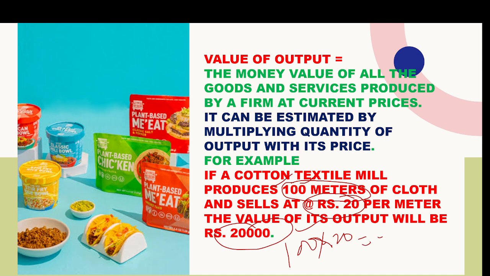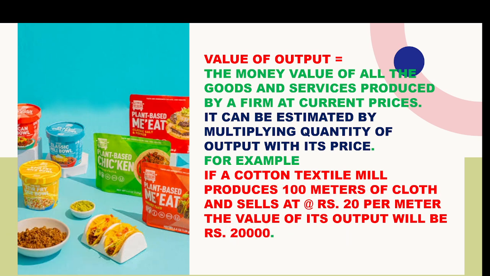What is it? 2000 rupees will be there. So you can see here, this will be the value of output, rupees 2000. You should see here, 100 into 20 equals 2000 rupees, the value of output. Students, understanding my word?